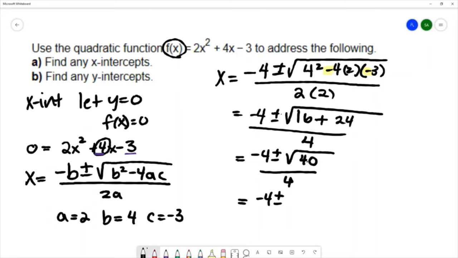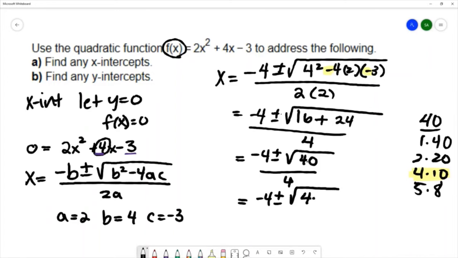40 can be factored. See, 40 is 1 times 40, 2 times 20, 4 times 10, 5 times 8. But I'm going to choose 4 times 10 because the square root of 4 is something I can calculate, so that's the factorization I want to use.